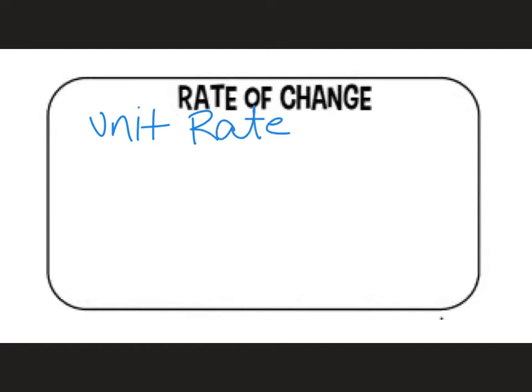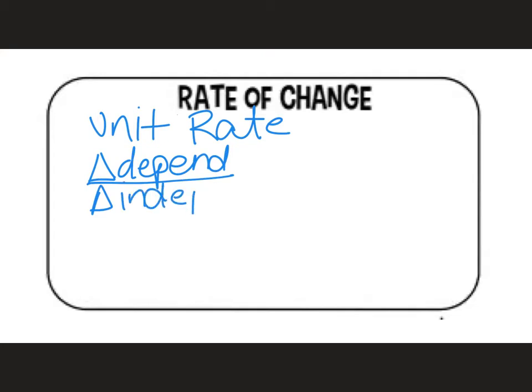So for some examples of a unit rate or using our domain and range, it's going to be, this symbol right here means change. So it can be change in your dependent variable over change in the independent. Or we can say change in y over change in x.